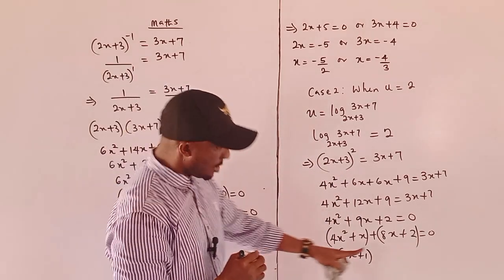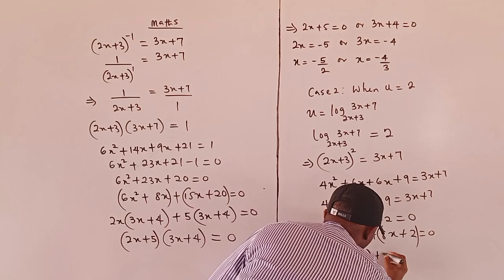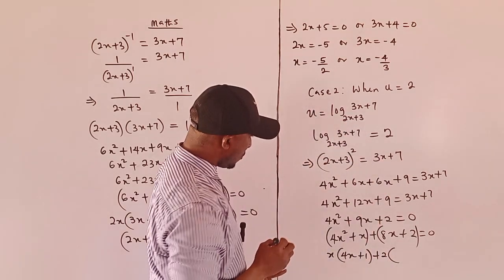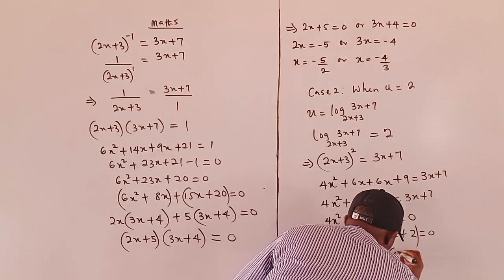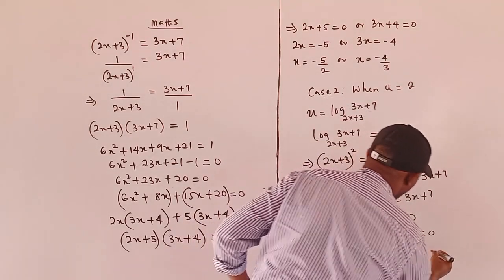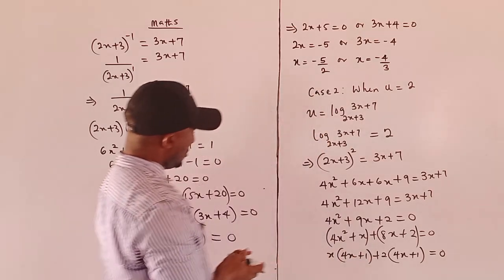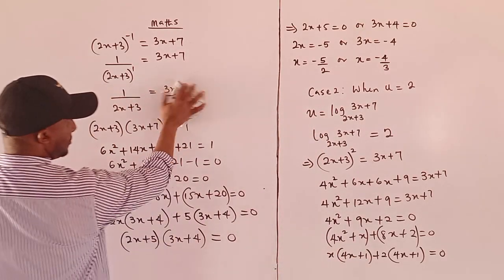Then I'll look to this, 8x and 2. 2 is common. 2 divide 8x, that will be 4x as well. 2 divide 2, that will be 1. So everything equal to 0. Then again, we will use the zero product property.